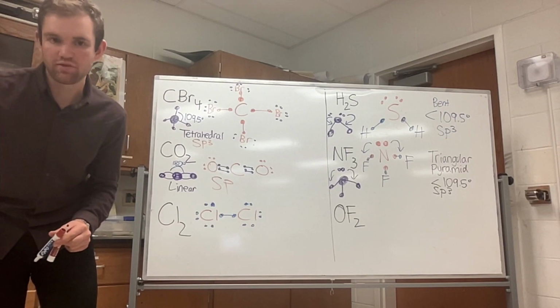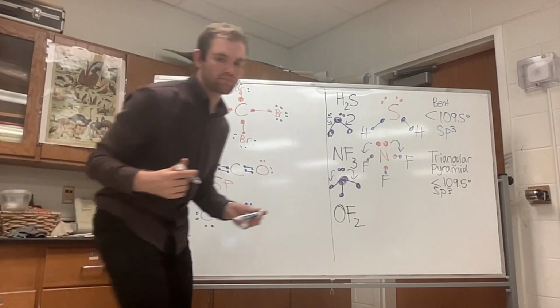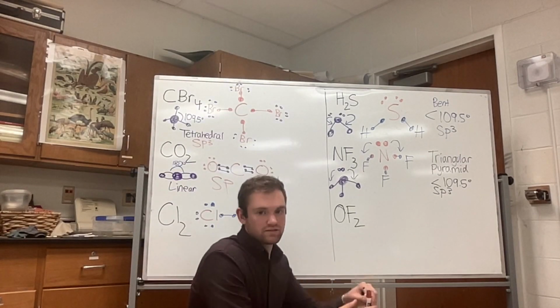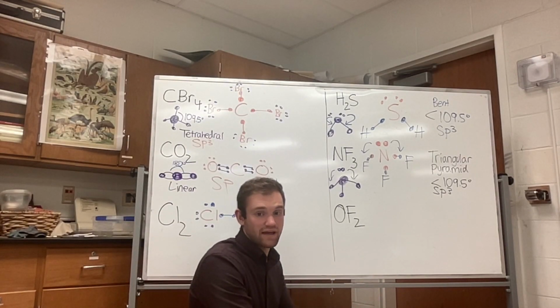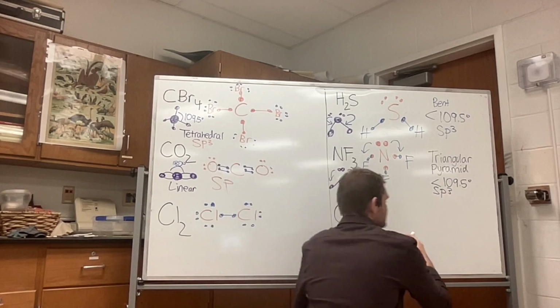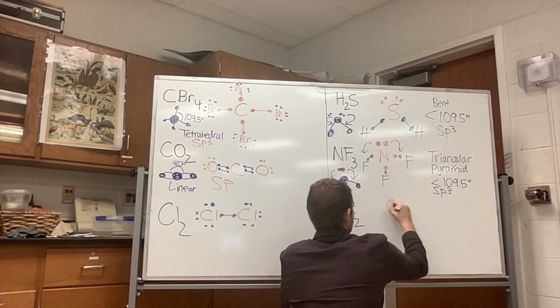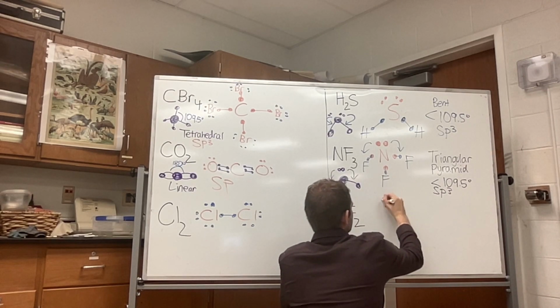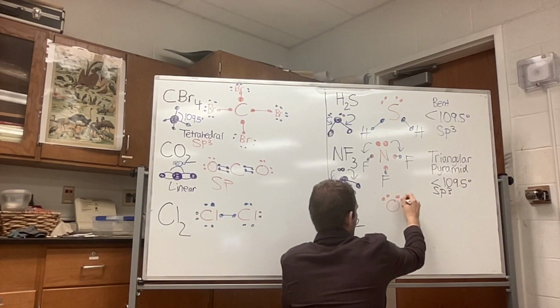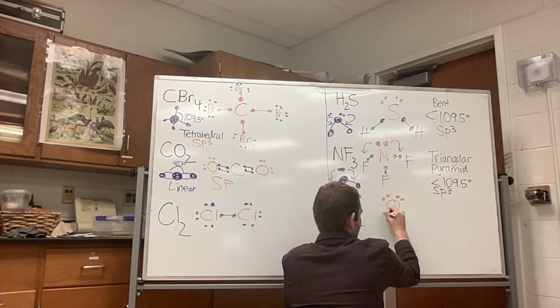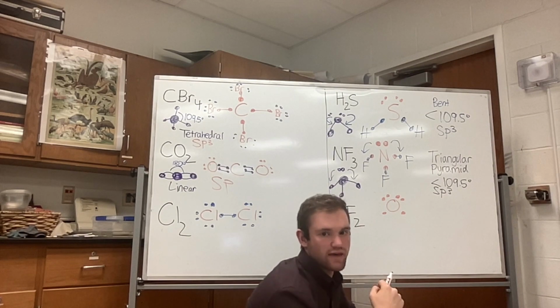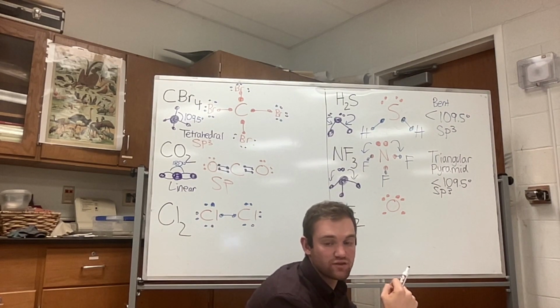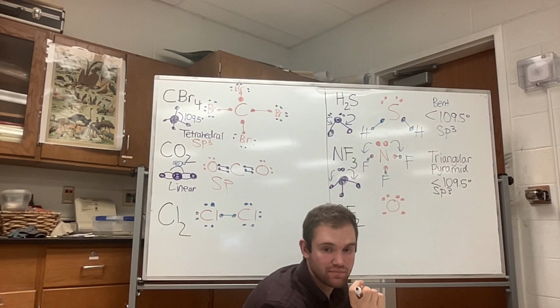The final one, OF2, is going to look exactly like H2S. We're going to put O in the middle, kind of like water, and the O is going to have 6 valence electrons. So oxygen in the middle with 1, 2, 3, 4, 5, 6. Again, I drew that like that because the lone pairs are going to go next to each other.